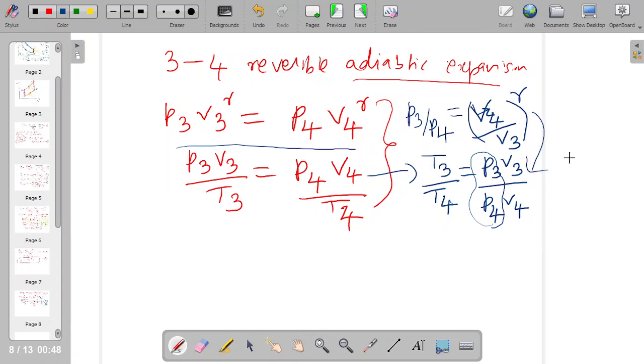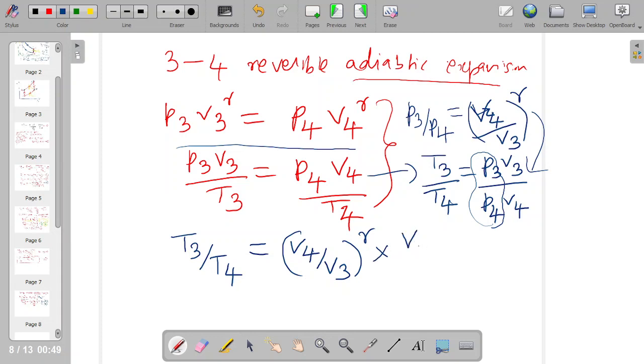Combining this, we can write T3 by T4 as V4 by V3 raised to gamma into V3 by V4. V3 by V4 is V4 by V3 raised to minus 1.